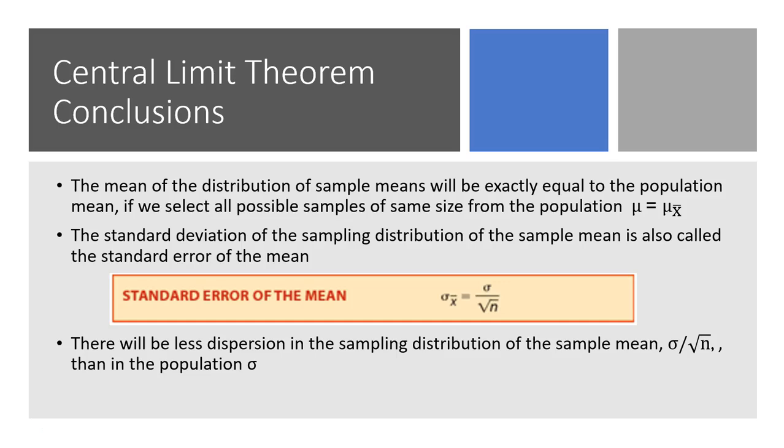If the population standard deviation is sigma, the standard deviation of the distribution of sample means is sigma divided by the square root of n. So note that when the sample size increases, the standard error of the mean will decrease.